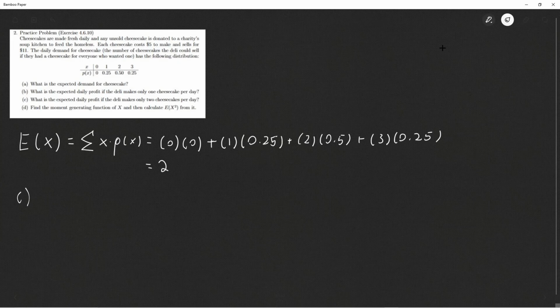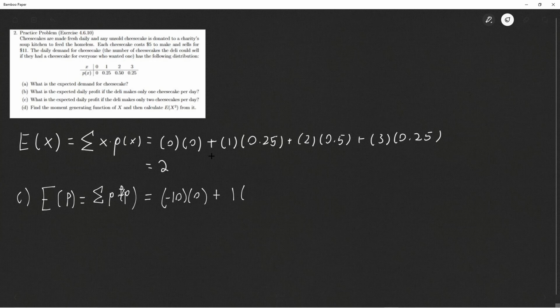So now following this, for part C, where we want the expected daily profit if the deli makes only 2 cheesecakes per day, we can find our expected profit by equaling the sum of our profits multiplied by the function of our profits. Negative 10 if we sold 0, plus, and now this is going to be 1.